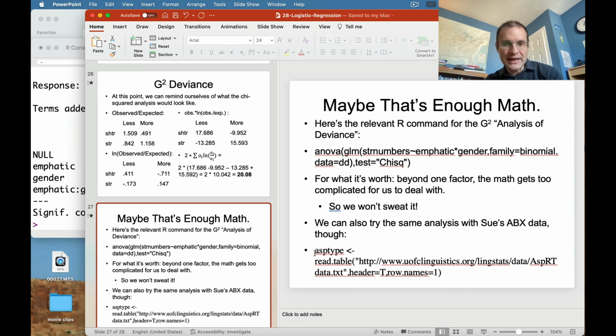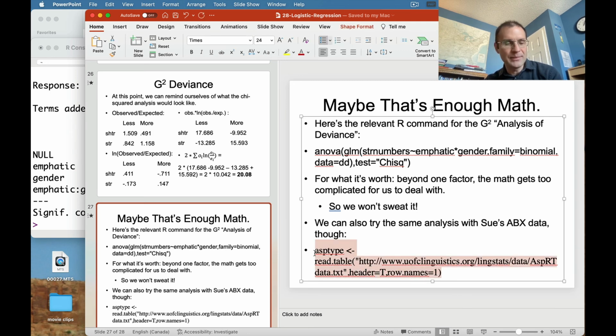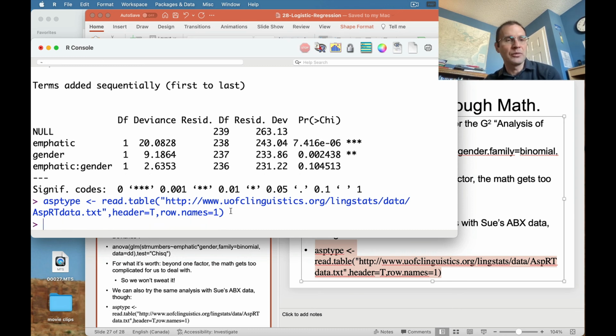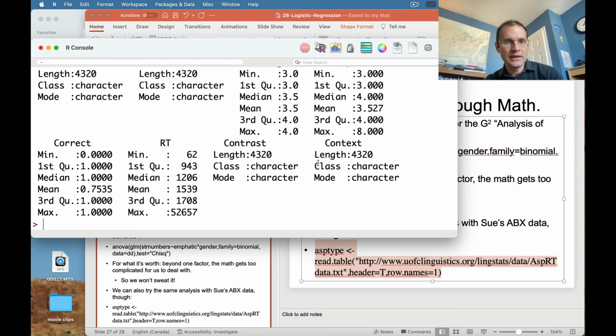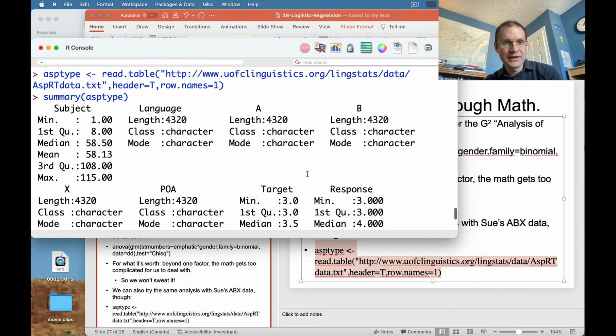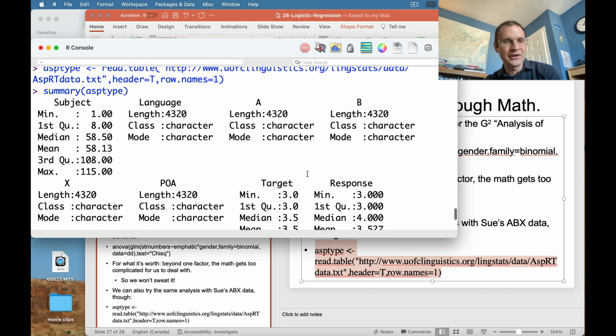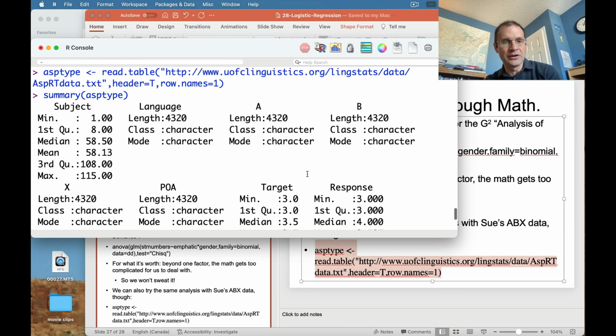We can also try the same sort of analysis with the ABX data from Sue Jackson's work, which we've seen several times before. What we haven't looked at with this data set so much is the correct numbers, because we can't really analyze those in a linear regression or ANOVA fashion.